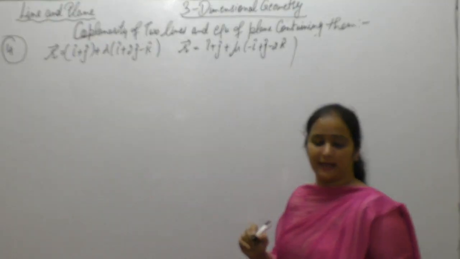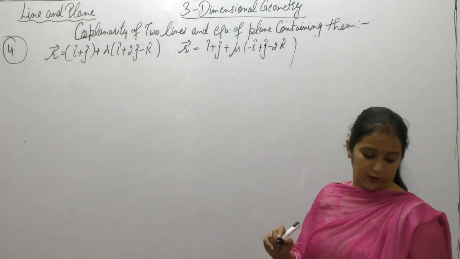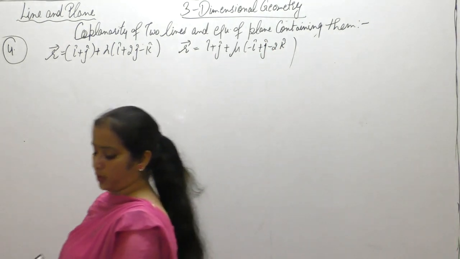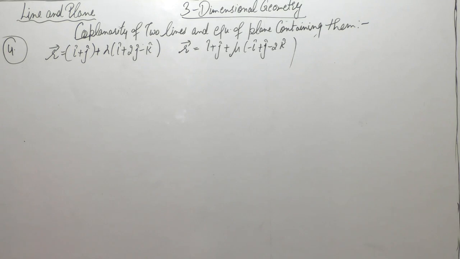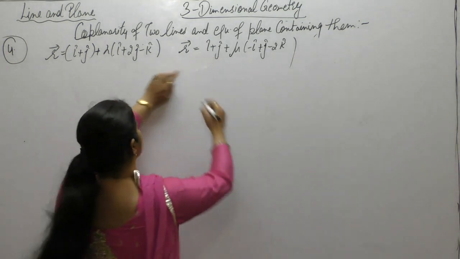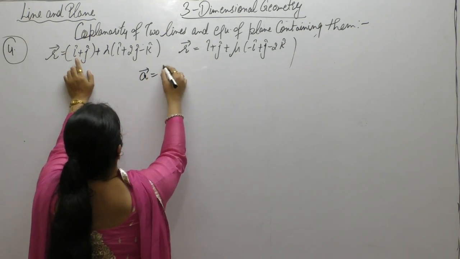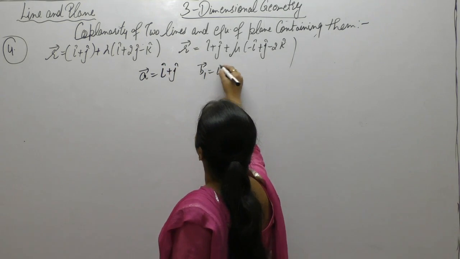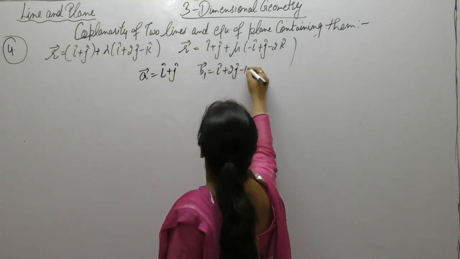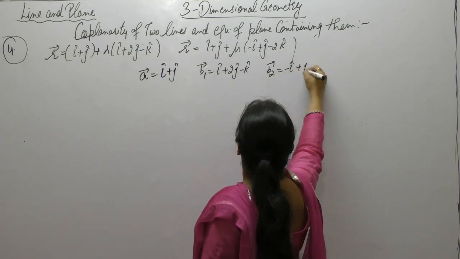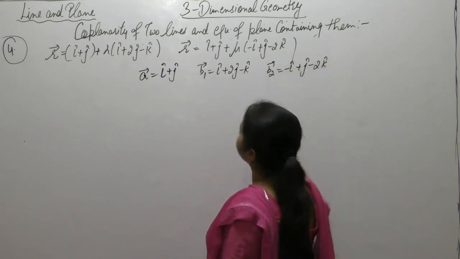Also find the length of the perpendicular drawn from the point 2, 1, 4 to the plane thus obtained. Now the given two lines pass through a vector i plus j and are parallel to b1 = i plus 2j minus k, b2 = minus i plus j minus 2k.